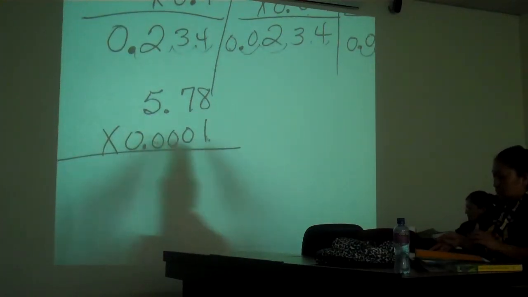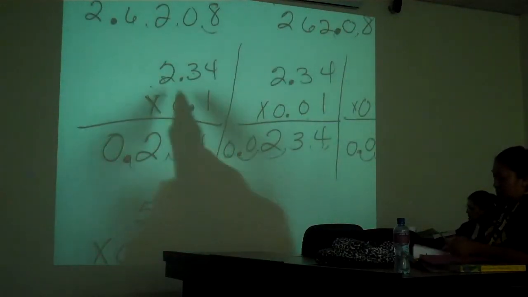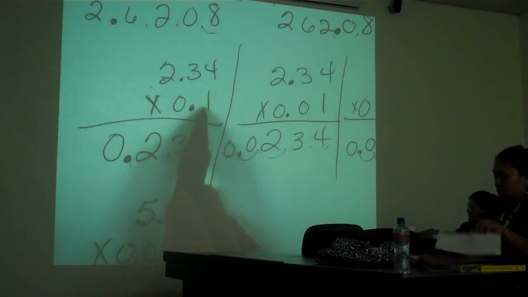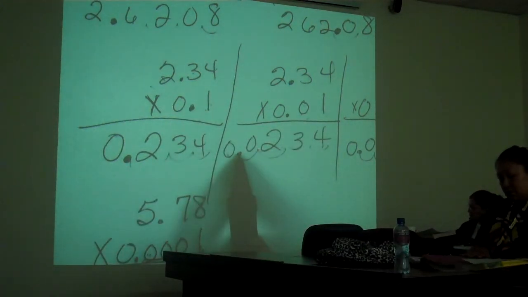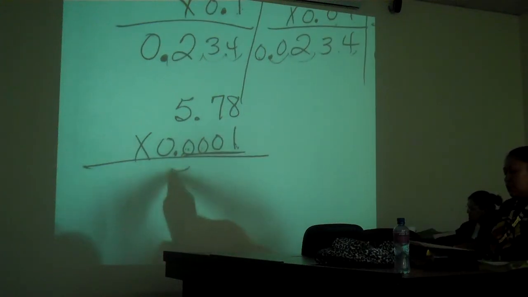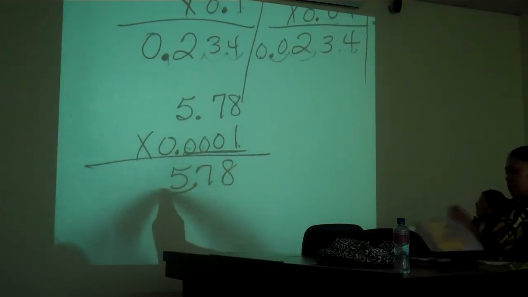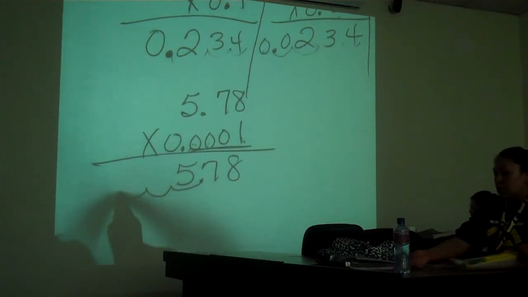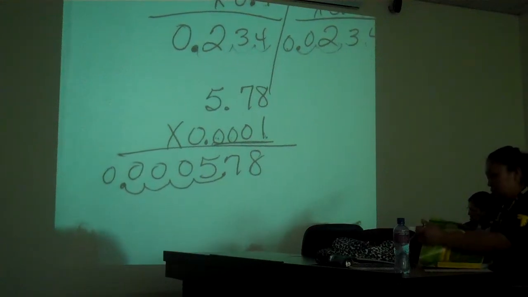We're going to move that decimal back 4 times. See, in this one, we moved it back 1 time. This one, from here, we moved it back 2 times. So this one, we're going to have our 578. We're going to move it back 4 more times. 1, 2, 3, 4. Is that making sense?